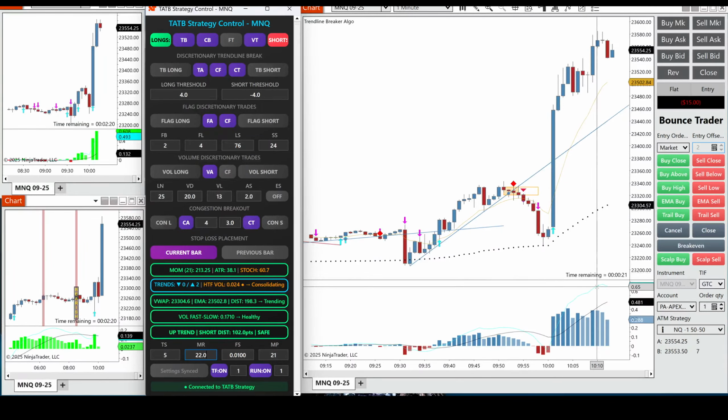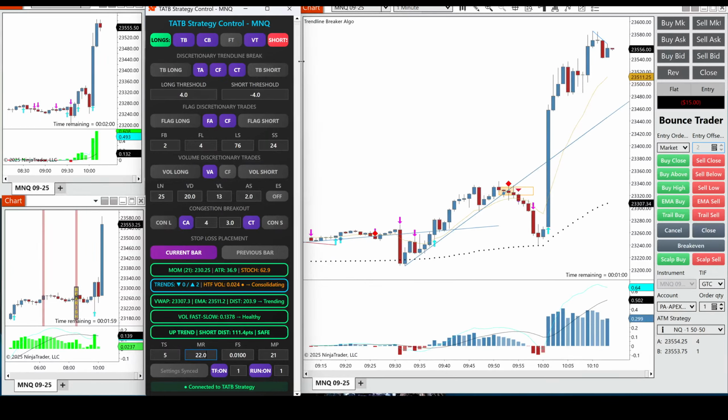We're changing up high. See this fast and slow. The difference is very good, very healthy. It also shows here volume fast, slow is healthy. Flag up setup. See, so there's this.